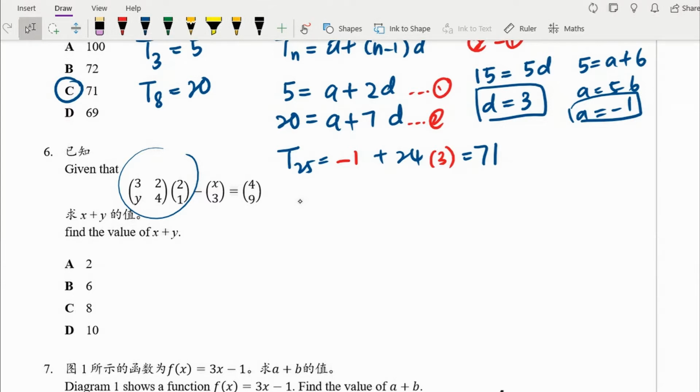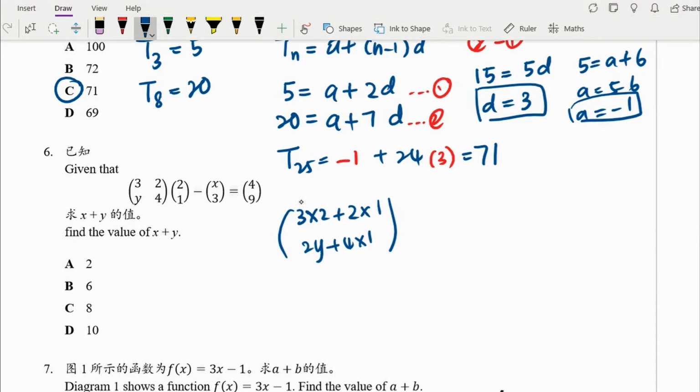So this one should be 3 times 2 plus 2 times 1, and 3 times 2 plus 2 times y, which is 2y, plus 4 times 1. Then minus this one, we just copy first, equals 4, 9.